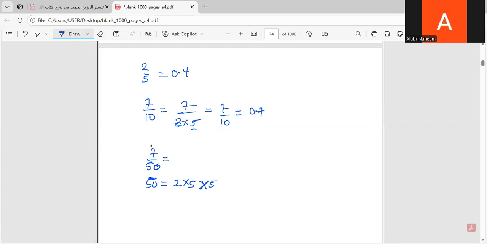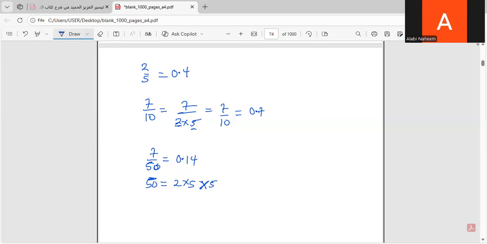But the point is it has no other prime factor except 2 and 5. That's the point. So let's see what it results into. 7 over 50 is actually 0.14. This is a terminating decimal. So the point is, if the rational number in its simplest form has its denominator containing only 2 and 5 as its prime factors, that is, it does not contain any other numbers like 3, 7, and the likes as its prime factors, then it must give a terminating decimal.